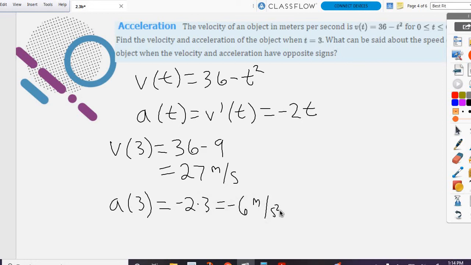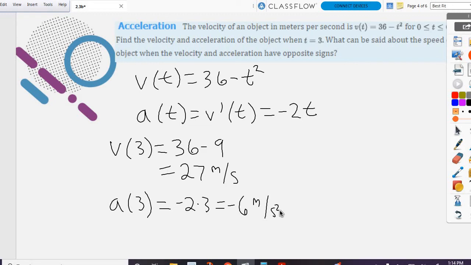So then they ask us, what does it mean if those two things are opposite signs? If we think about it, our velocity is positive, or in other words, the change in our position.